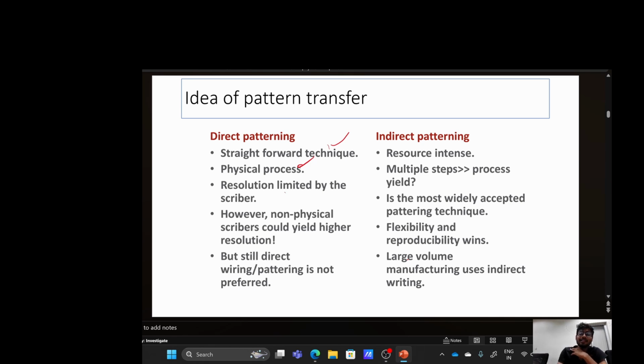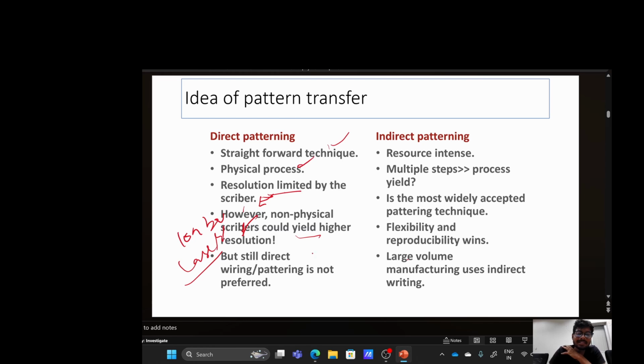Resolution is limited by the tip of the scriber. That is the physical thing, that you cannot go beyond a certain limit. Non-physical scribers can yield higher resolution, like ion beam and laser beam.